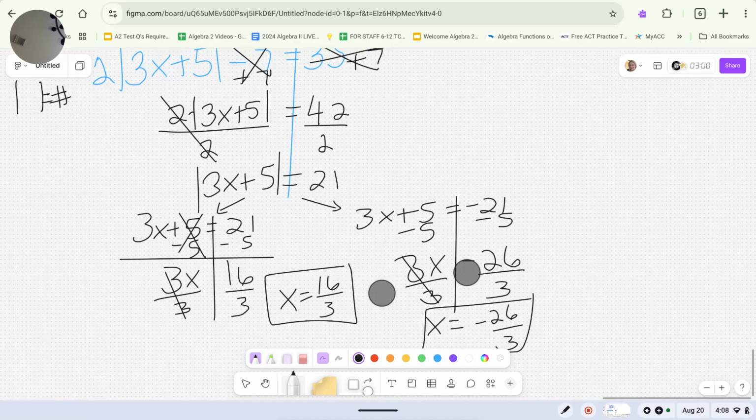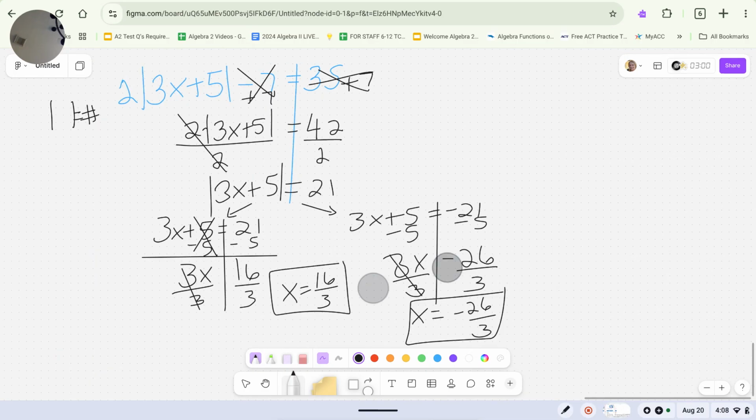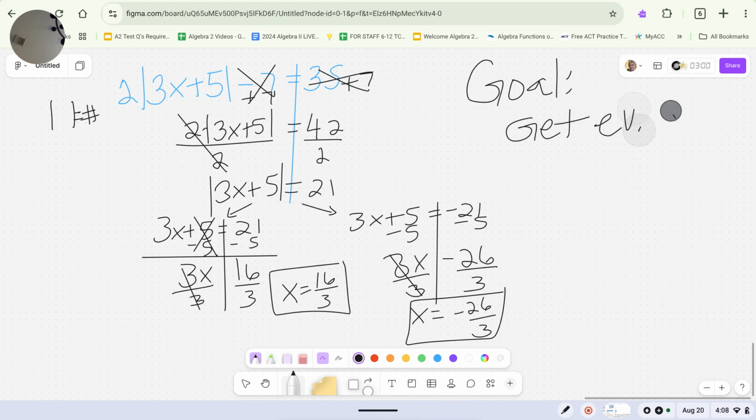I had to get everything away from the absolute value signs. That was my goal. So I'm just going to put that on here. My goal is to get everything away from the absolute value signs, because you want it to be absolute value equals some sort of number. Okay, and then once you get that, you split it into the two parts.